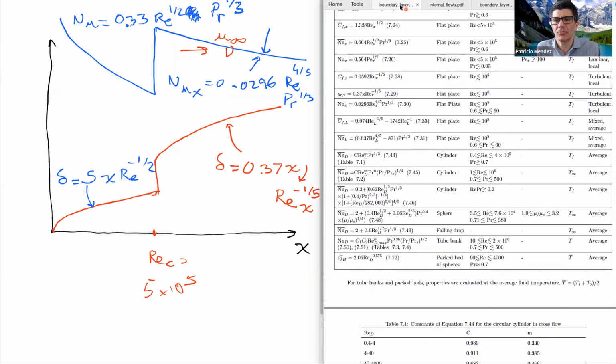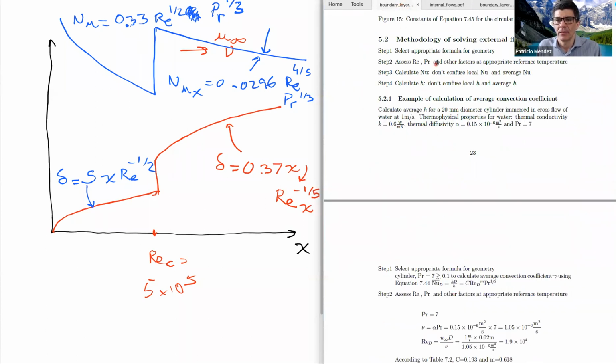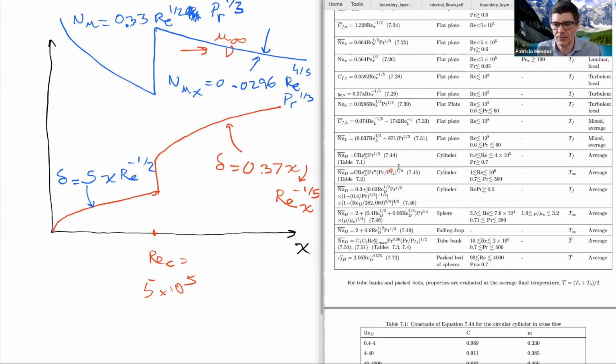So the number 2 step was calculate Reynolds, Prandtl, or whatever we need, and make sure we're in the right range. Step number 3, we calculate the Nusselt number. So step number 3 is to some extent trivial. We plug in Reynolds, we plug in Prandtl. Oh, we need to know what m is to calculate it, right? And we need to know what C is, right?